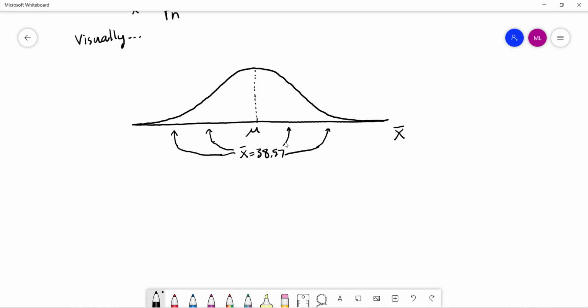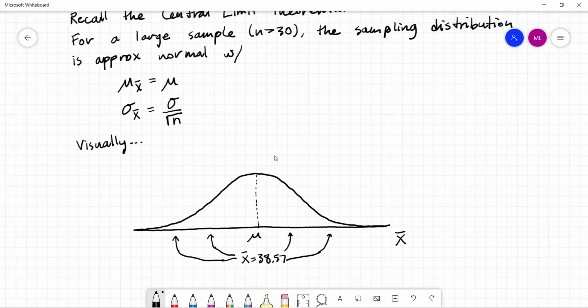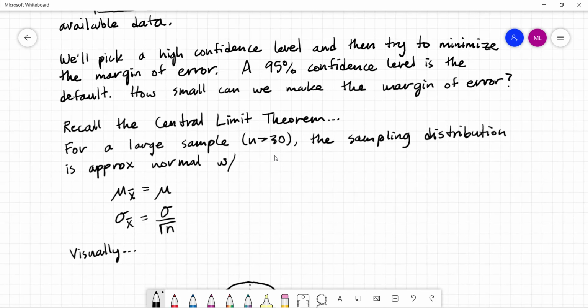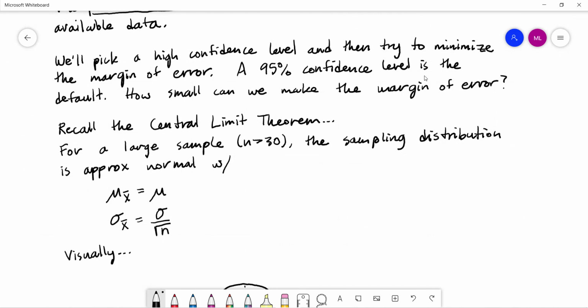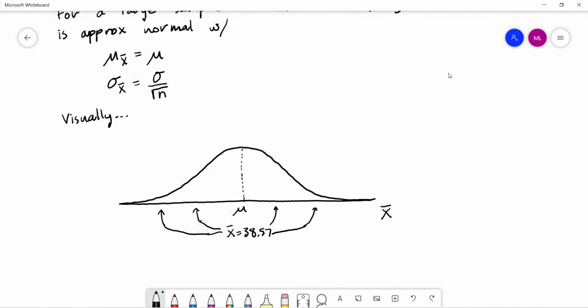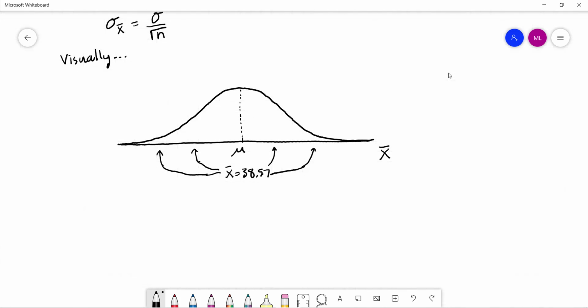So even though I don't know exactly where our x bar value fell, I don't need to be 100% sure. We only want a confidence level of 95%. So if we want to be 95% sure, all I need to know is where the most common 95% of places are that x bar could fall. And that's going to be here.